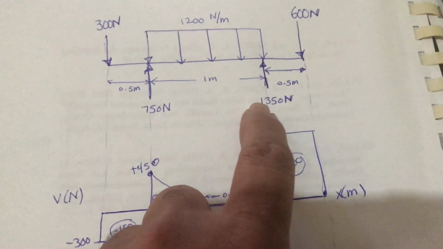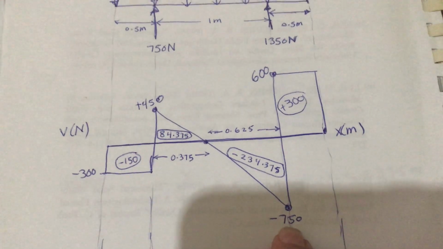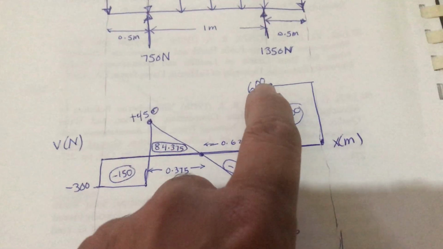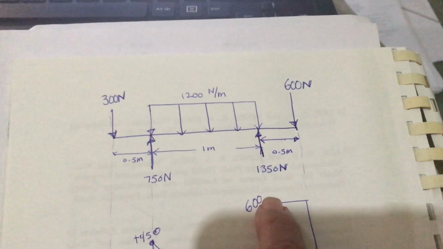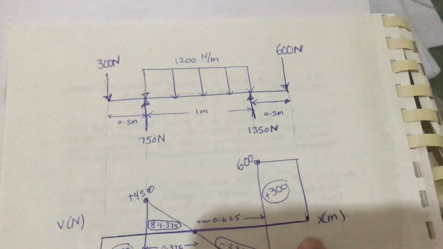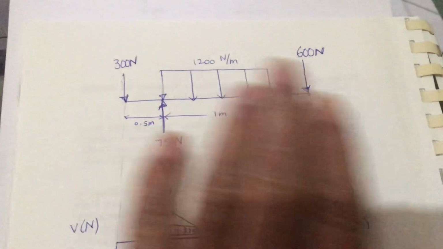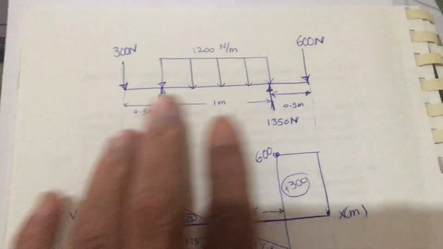So here you see that there is 1350 up, so minus 750 plus 1350, you'll get 600. Here there is no loading, so it's going to be uniform until 600 down, 0. Shear, for these types of beams, should start from 0 and go back to 0. This is a good check.